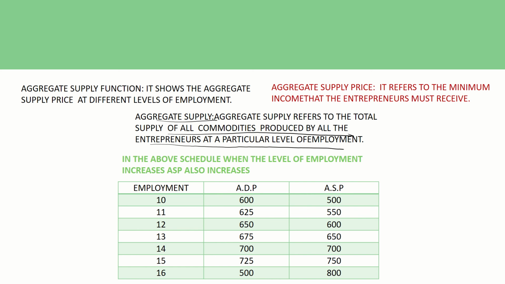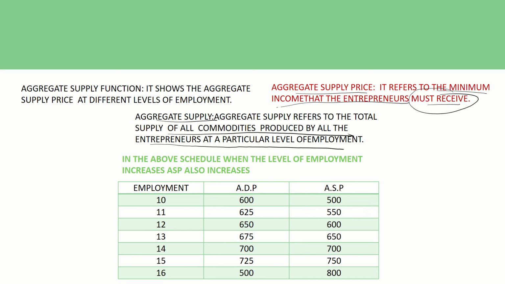So aggregate supply is nothing but the minimum income that the entrepreneur must receive. That is the main point in aggregate supply price. The aggregate supply price shows the minimum income the entrepreneur must receive in order to retain the cost of production.